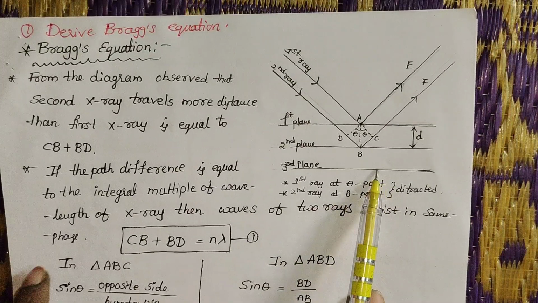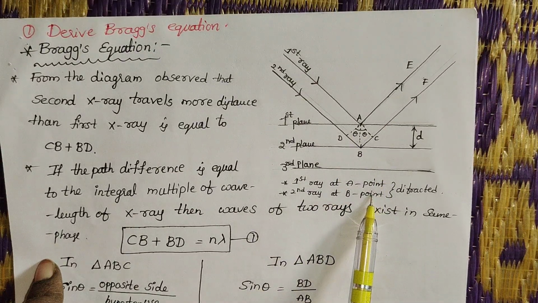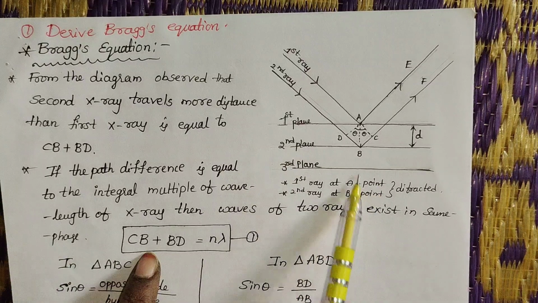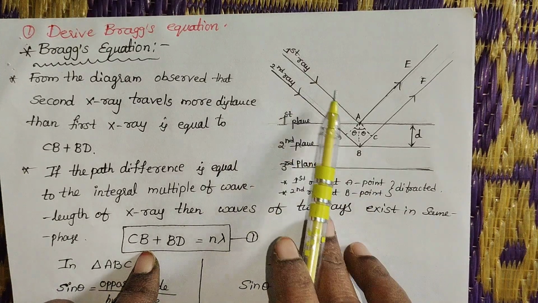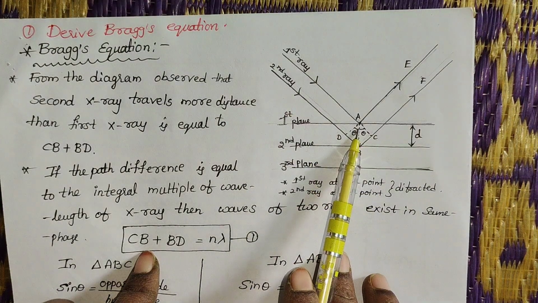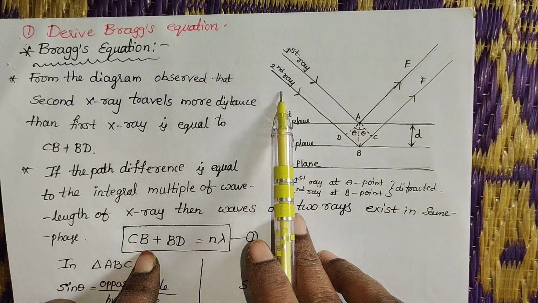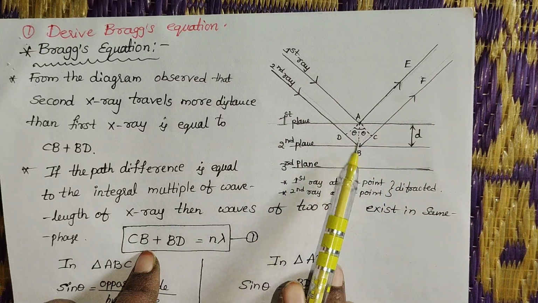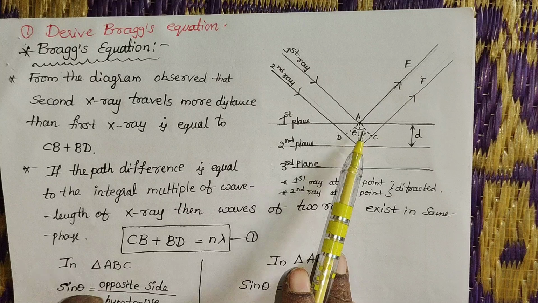Simple, beta. First we have to imagine these three planes. The first ray strikes the first plane and is diffracted. The second ray strikes the second plane, not the first plane.